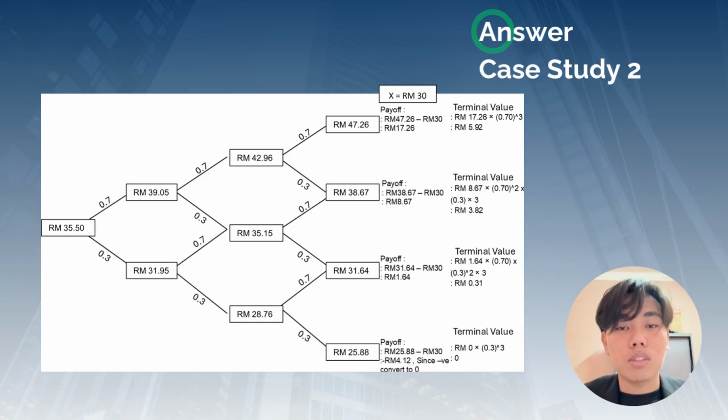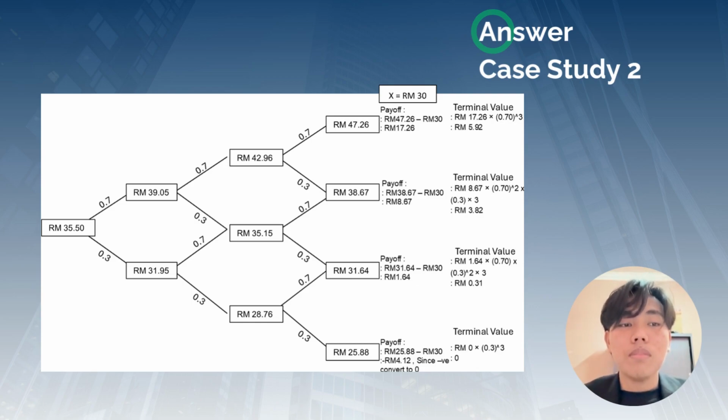So if the price goes up, the previous price needs to be multiplied by 1.1. If the price goes down, the previous price needs to be multiplied by 0.9. After that we will get path 1, and we continue doing the same thing for path 2 and path 3.